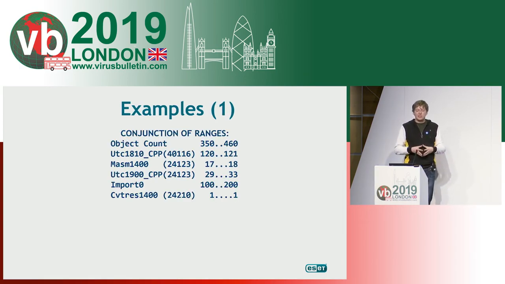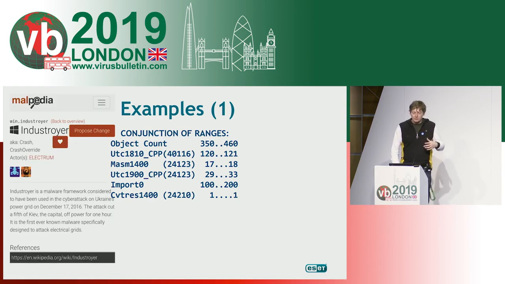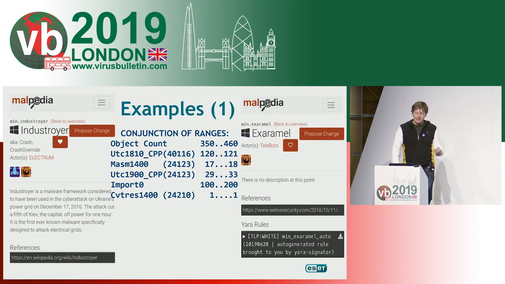Okay, this is another example. This is a conjunction of ranges, like object count, C++ objects, usage of assembly at a certain version, number of imports, and so on. And this rule is not great at covering malicious projects exclusively, but it could cover industrial binaries and Hexagrammar binaries at the same time.